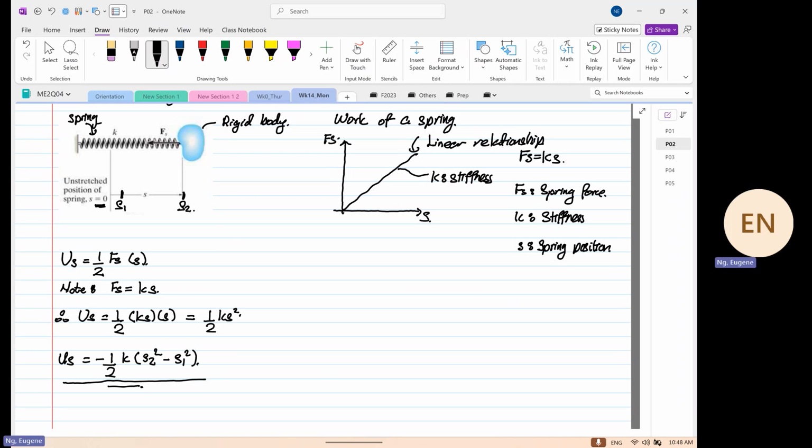So in this chapter, the terms used are very different.